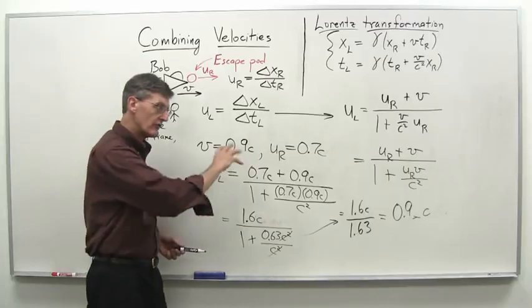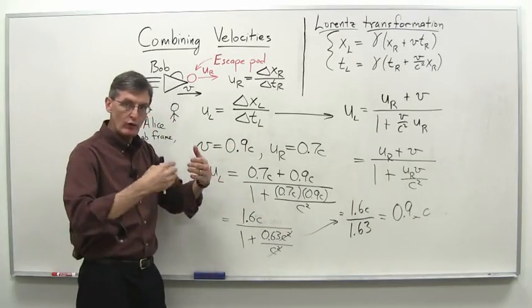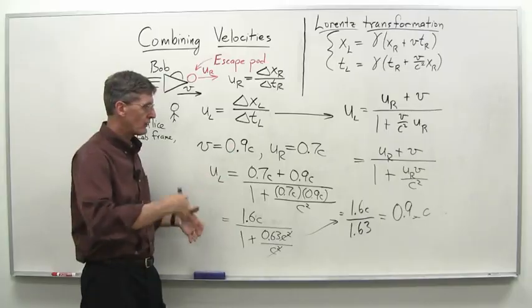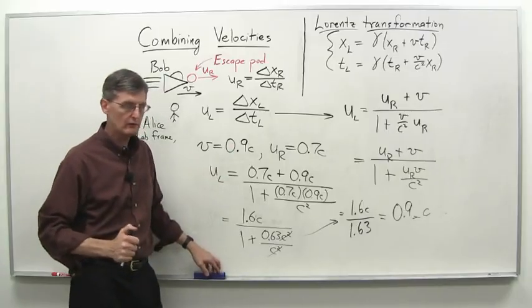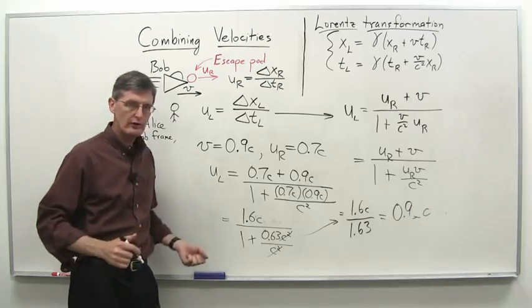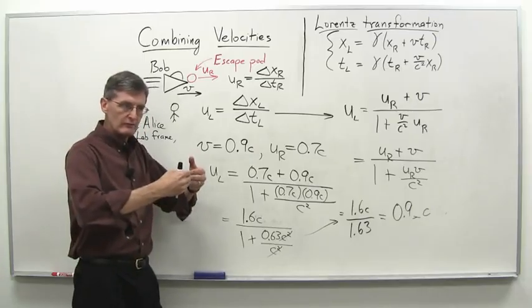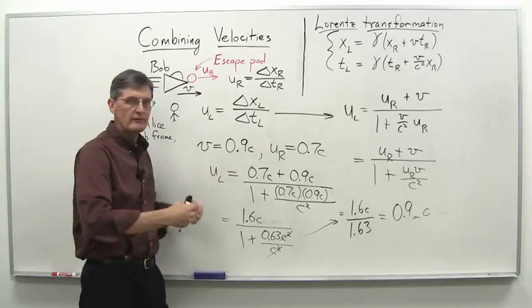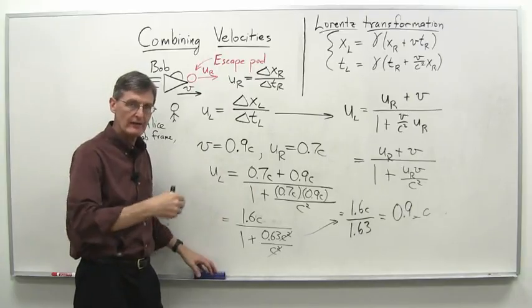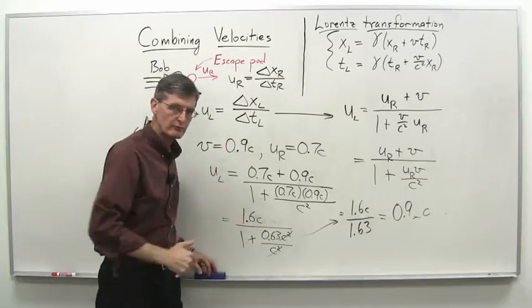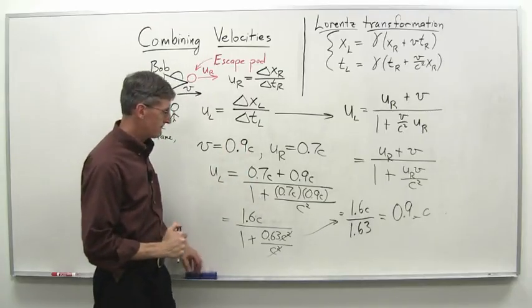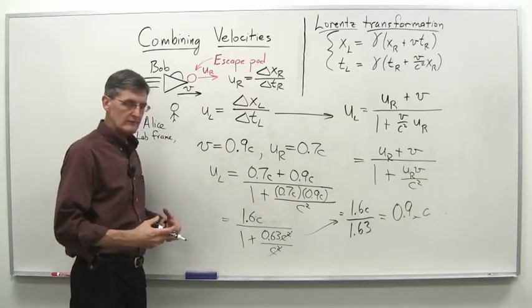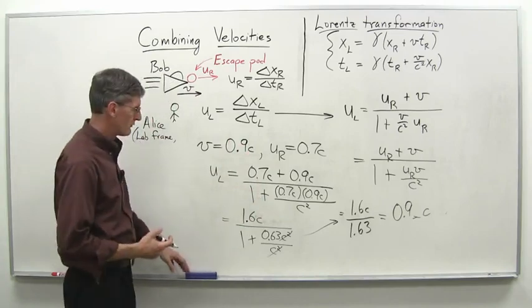But it also shows us there's something about that ultimate speed limit that we'll talk more about in a video lecture coming up. We've mentioned a few times before that, for whatever reason, built into the theory, you cannot actually get a material object up to the speed of light. It seems to be a natural speed limit in the universe.